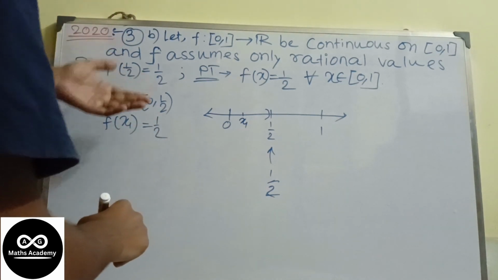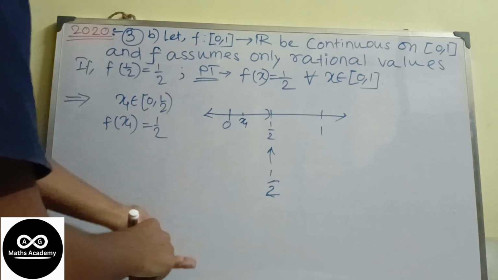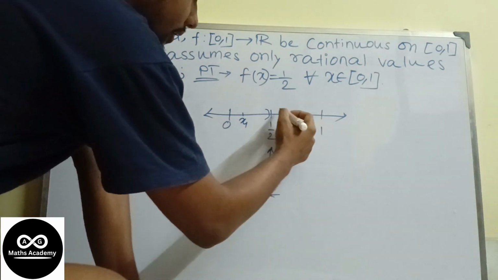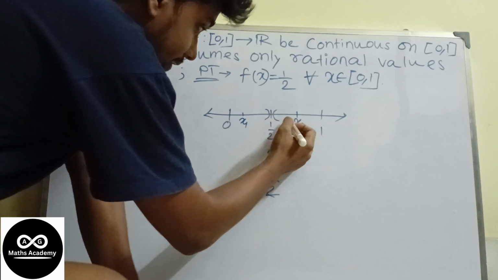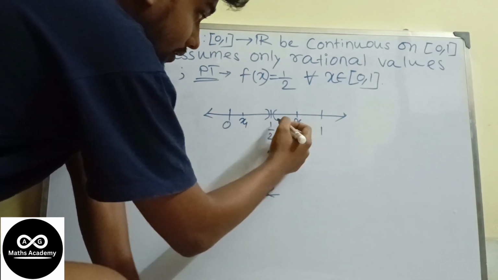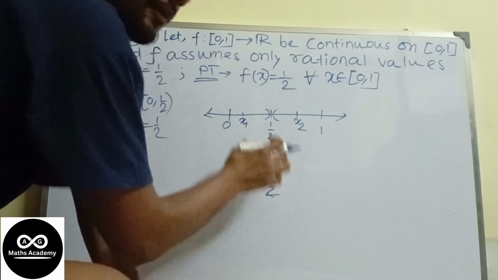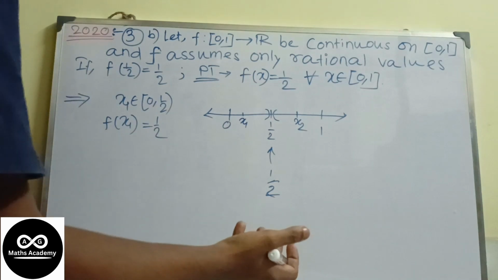Okay, and then by the same method, we take x2 from the interval half to 1, as f of half is already given to be half.